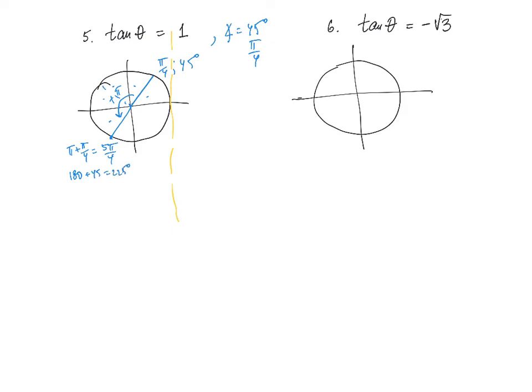So that gives us our two series of solutions. You can write pi over 4 plus 2 pi n, also 5 pi over 4 plus 2 pi n.